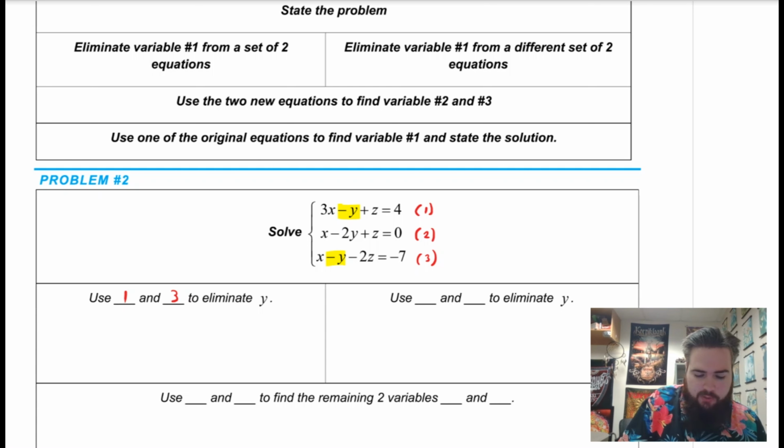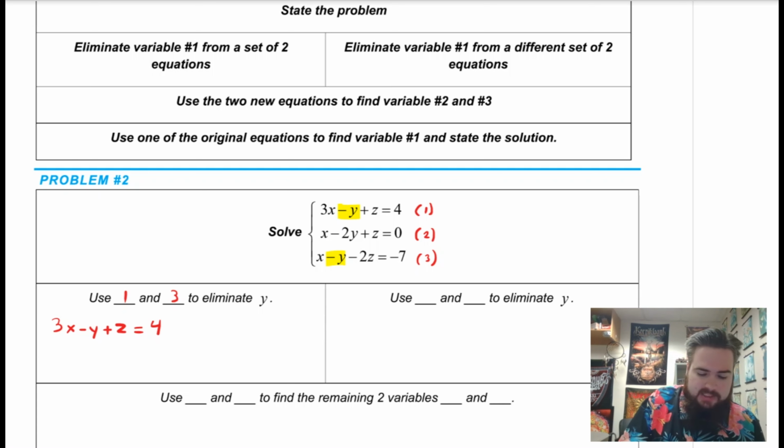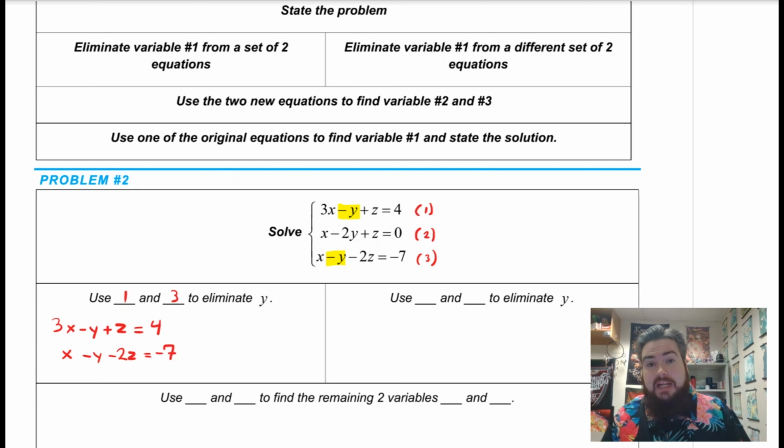I'm going to take 3x minus y plus z equals 4, and I'm going to try to do something with that third equation to eliminate y. Now, if I were to just take that third equation, x minus y minus 2z equals negative 7, and I were to add them together, then this is not going to eliminate y.